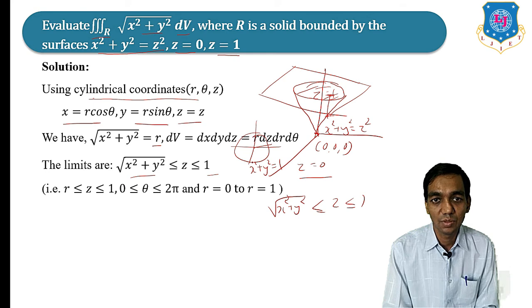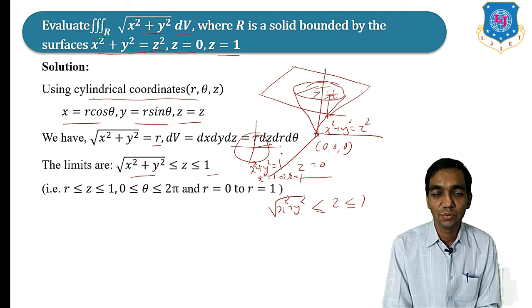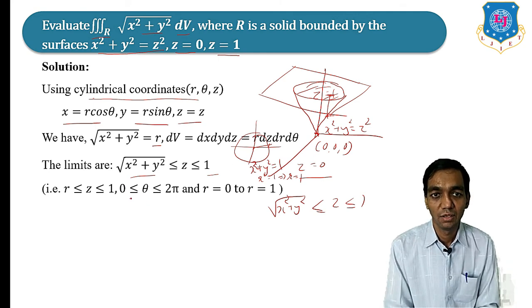And since x square plus y square is equal to 1, r square is equal to 1, that will give r is equal to 1. So the radius varies from r is equal to 0 to r is equal to 1. And theta varies along four quadrants, that's why it is moving from 0 to 2 pi. Okay. So these are the limits.